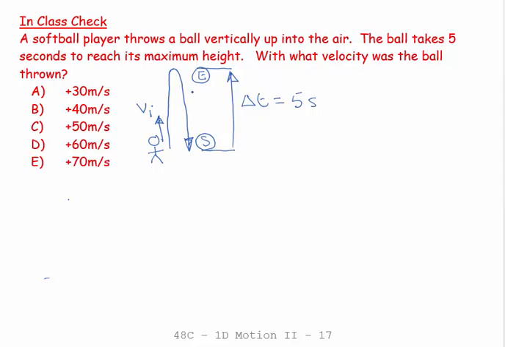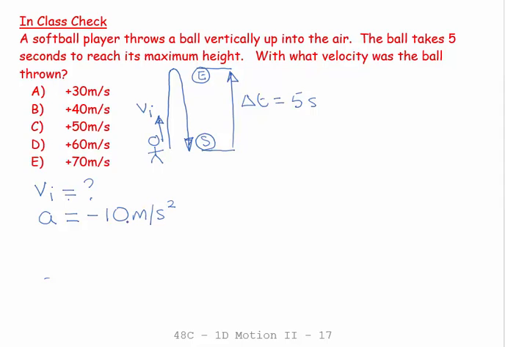So let's make a list. And with these free fall questions, there's always a lot of things that are not said. So the first thing I can say is that I want to find my initial velocity. So let's put down that I don't know what that is. One of the things that I always know about free fall, I might not need it, is that the acceleration due to gravity is minus 10 meters per second squared.